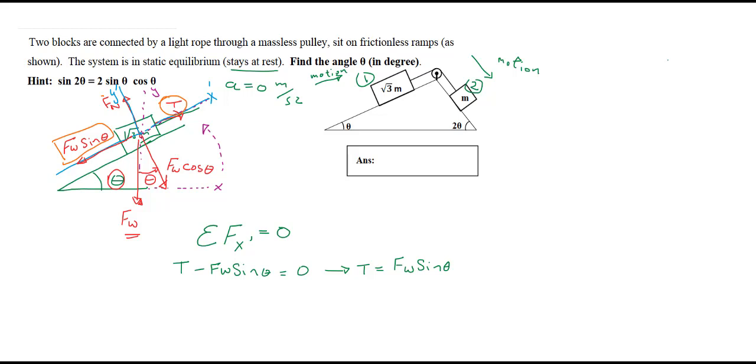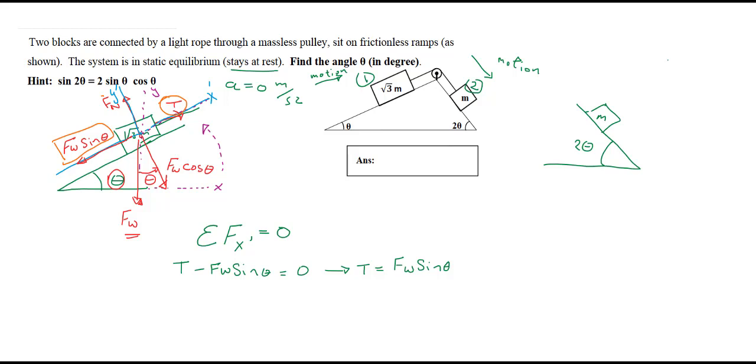Now we repeat the same thing for the other block. So let me have here the other block, 2 theta, and here block M. Now it's exactly the same thing.